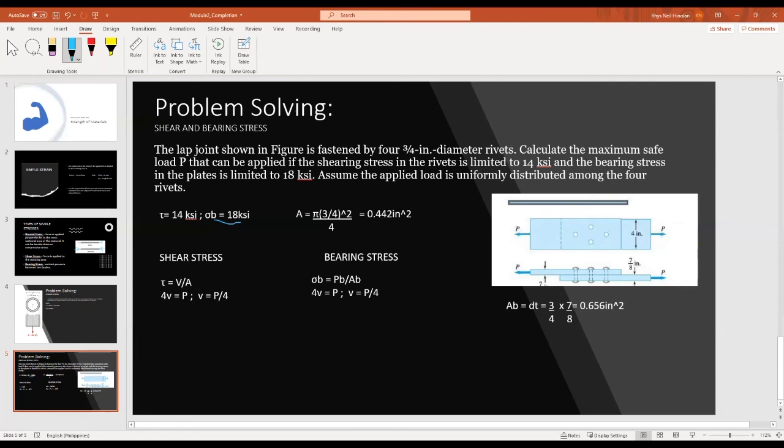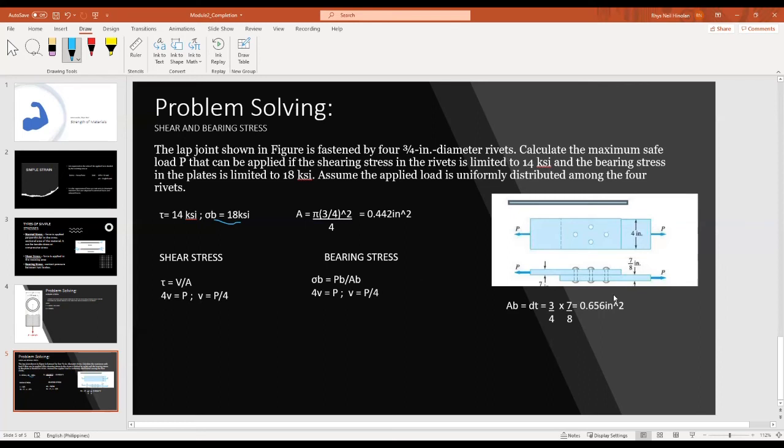So we have two conditions, which are the shear stress and the bearing stress. For the shear, we have shear stress equals V over A. Since we have four rivets with an evenly applied load, it means we have four shears here. So 4V equals P. Therefore, V equals P over 4.